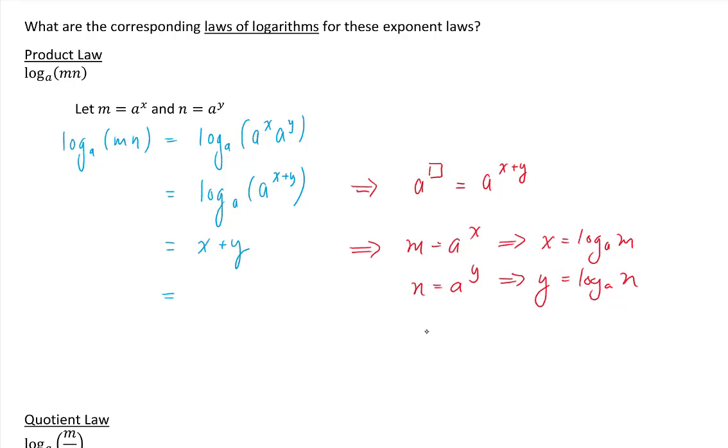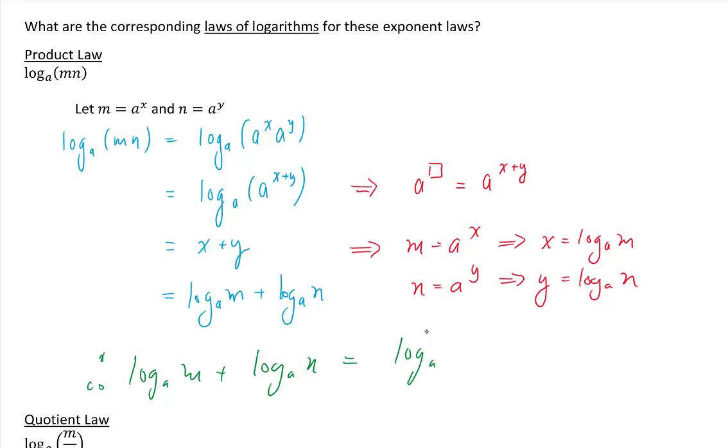So we get that log base a of m times n is equal to log base a of m plus log base a of n. So therefore, if you have log base a of m plus log base a of n, that's the same thing as taking the logarithm base a of m times n.